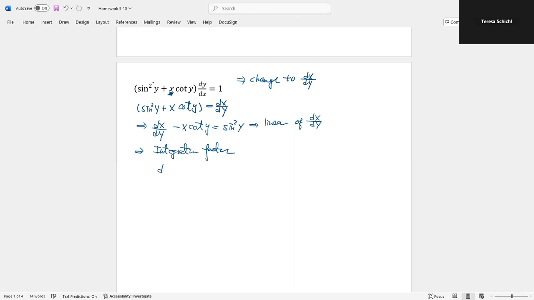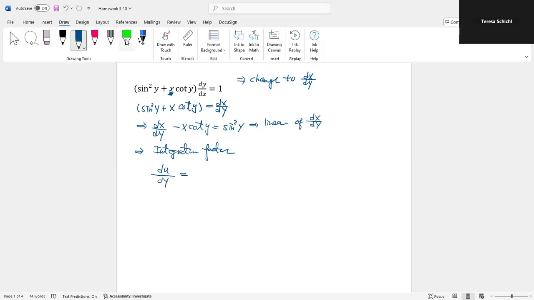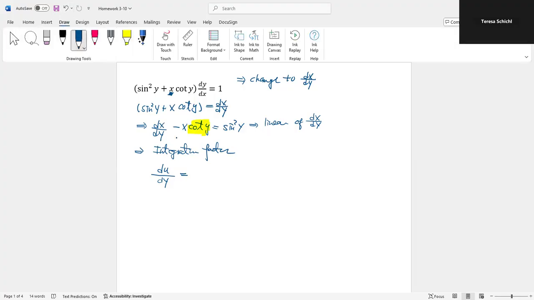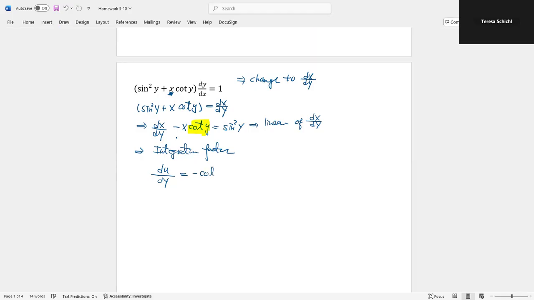Here I would say du/dy, because the variable is y, is equal to, unlike the P(t) in the Bernoulli, now this will be negative cotangent y times u.